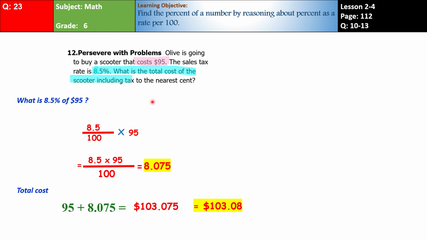Now, they said write your answer to the nearest cent. Nearest cent means there should be 2 digits after the decimal point. So we will look at the third digit, that is 5. 5 will give 1 to the previous number. So it will become $103.08.